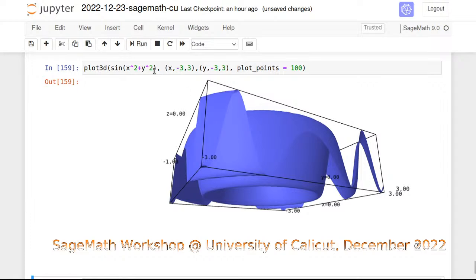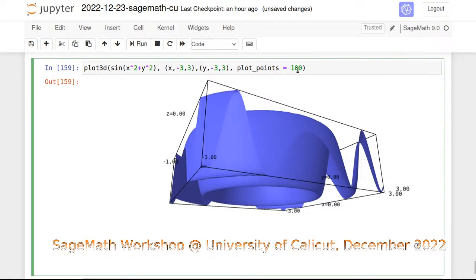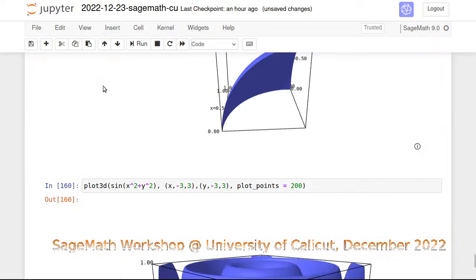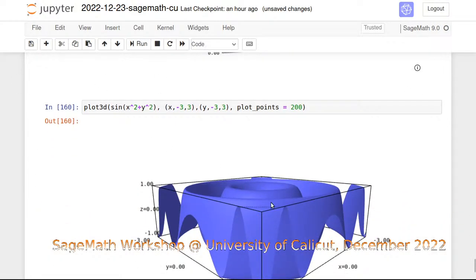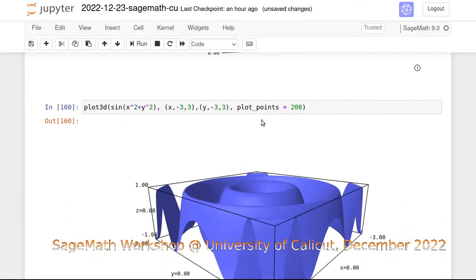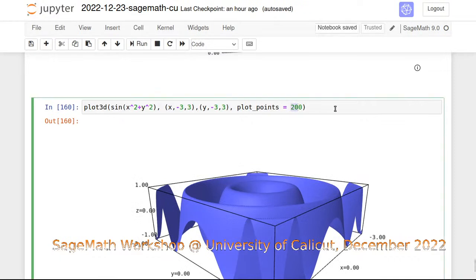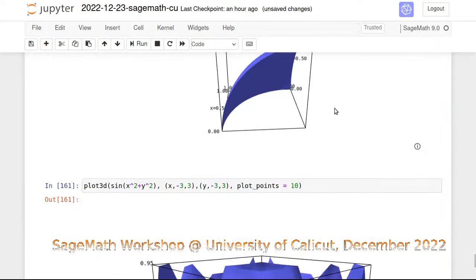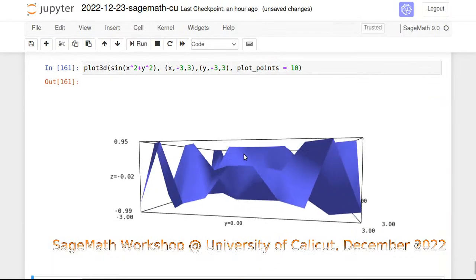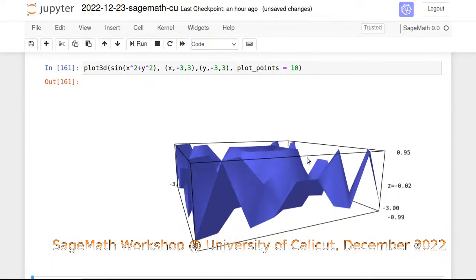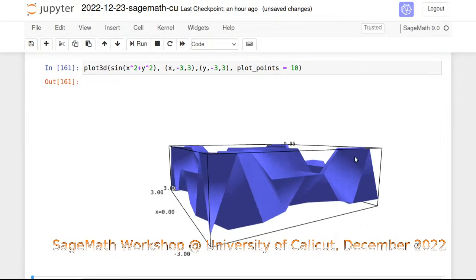But it doesn't seem to give much effect here. It seems to be not that smooth now, because the plot points used are much fewer.